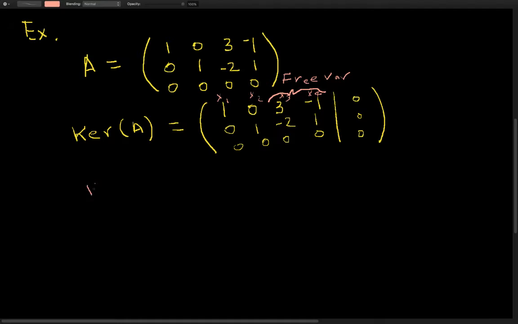So we can say x1 is equal to negative 3 x3 plus x4. x2 is equal to 2 x3 minus x4. And then since x3 and x4 are just free variables, we can just set them equal to themselves.